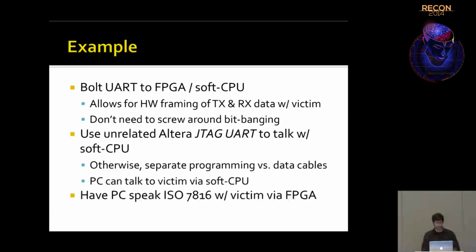Otherwise you would need a separate programming cable for the FPGA versus talking to the soft CPU, whereas it's nice to do both on one cable. And so this allows the PC to talk to the victim device using the soft CPU, the MIPS32 CPU, as an intermediary.